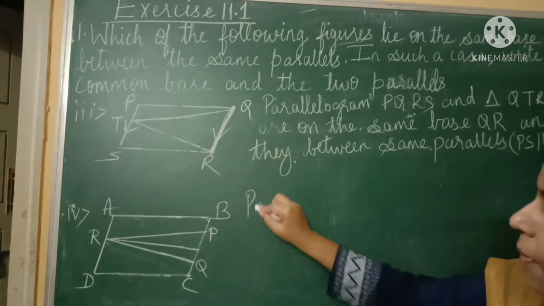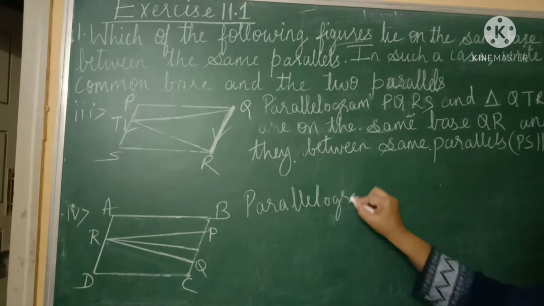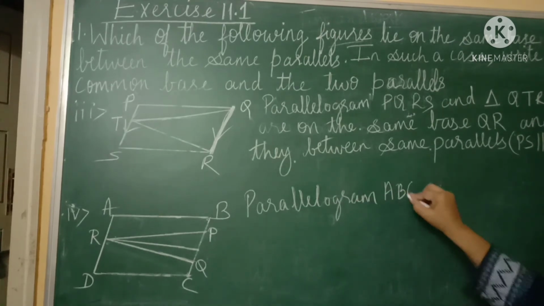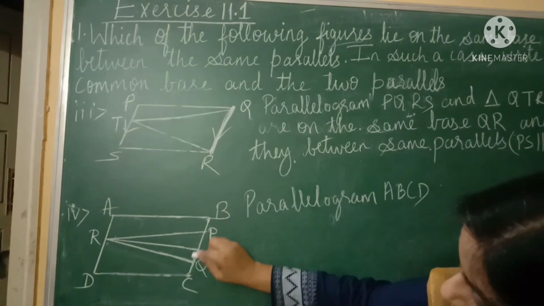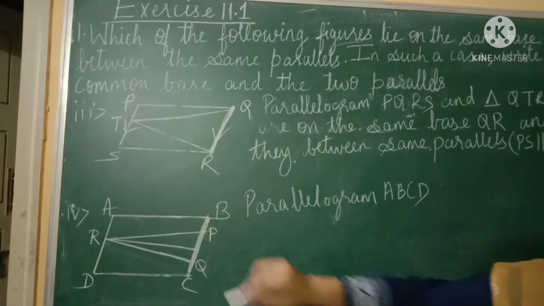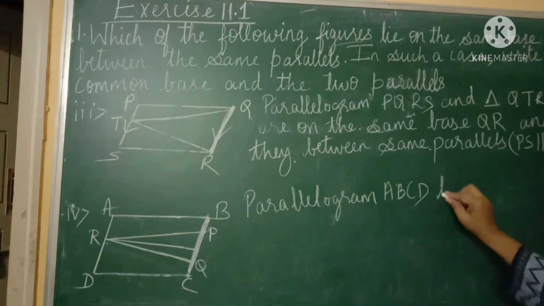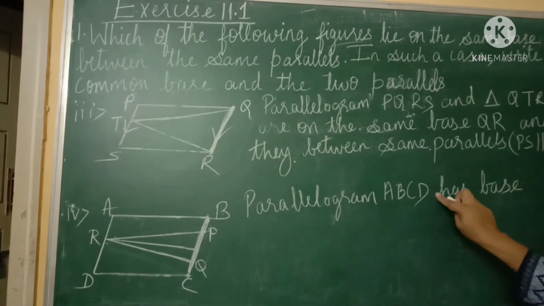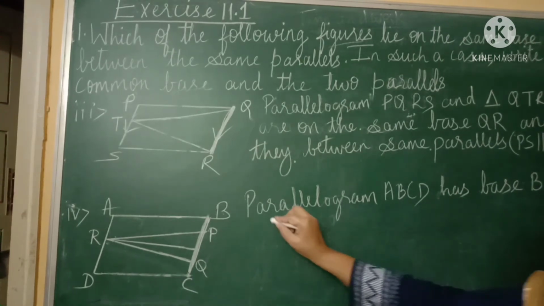So we will check the parallelogram ABCD. What is the base of the parallelogram? We will consider this as the base, BC, because we can see it is the side on which the parallelogram sits.